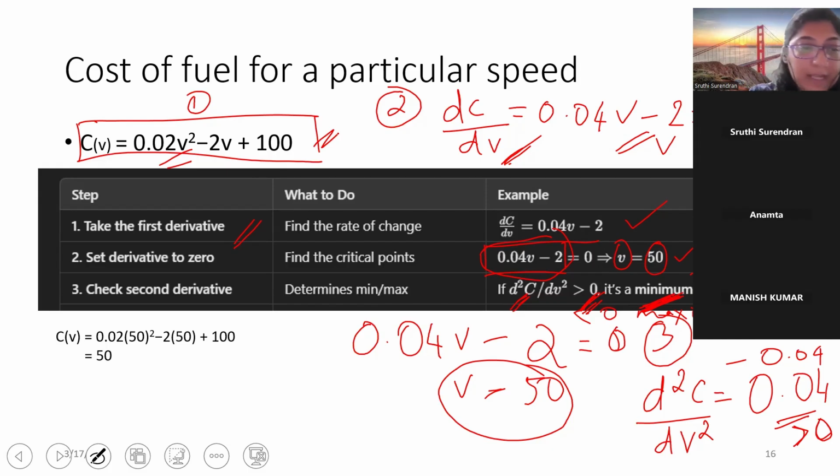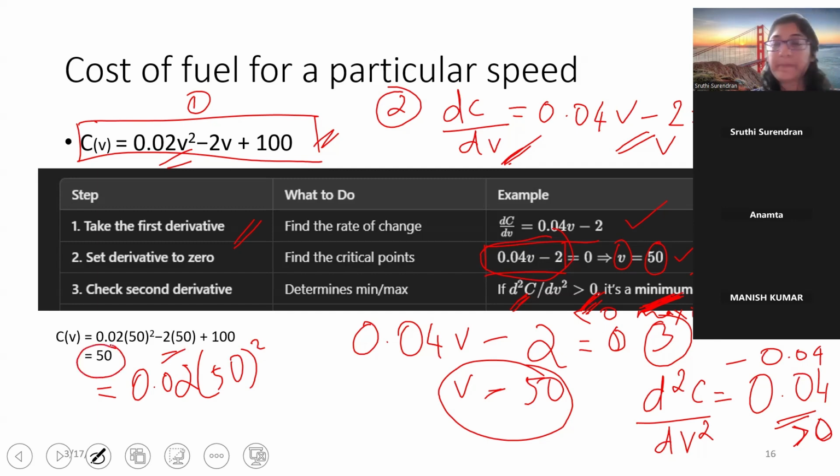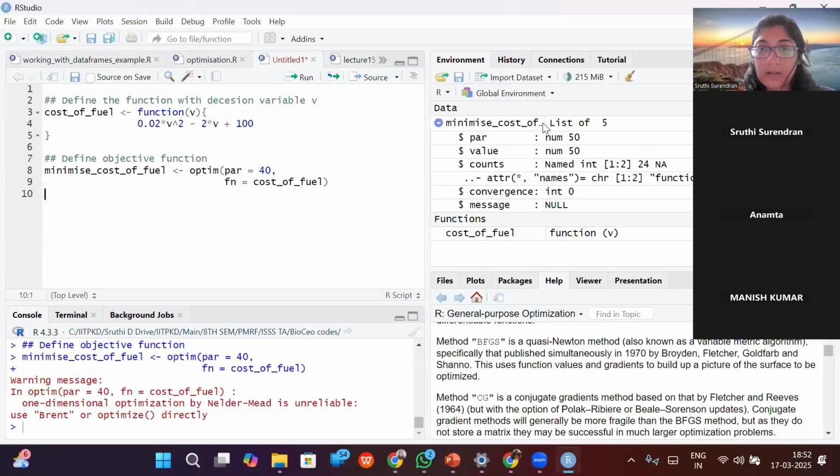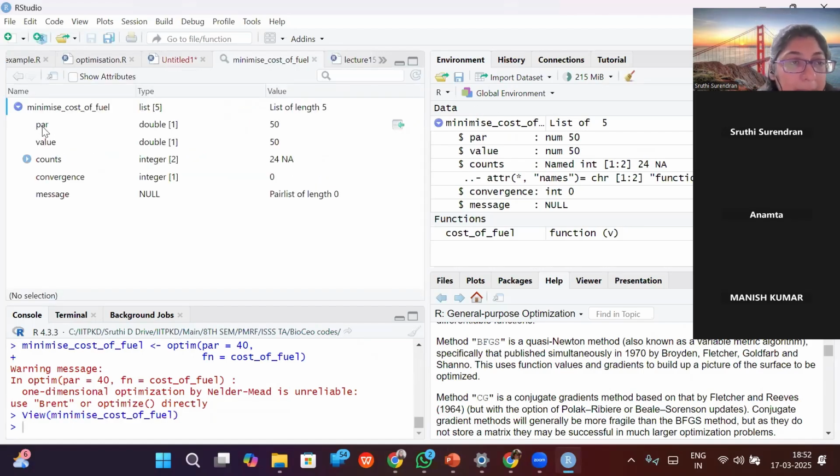Now we got 50. If we apply this in this equation, 0.02 into 50 squared, basically this equation minus 2 into 50, it gives us the value 50. That is how this optimizer over here got all these values. You can see the parameter value, which is v, the critical point, is 50, and the cost of the fuel is 50.